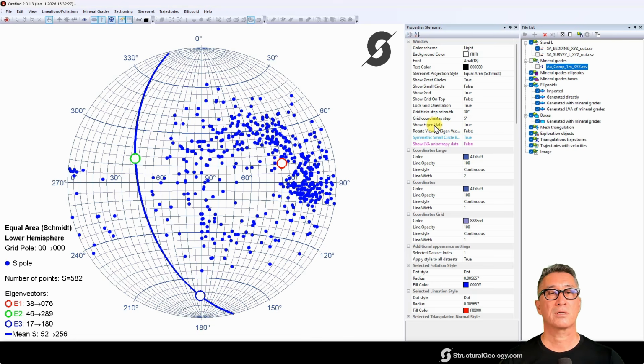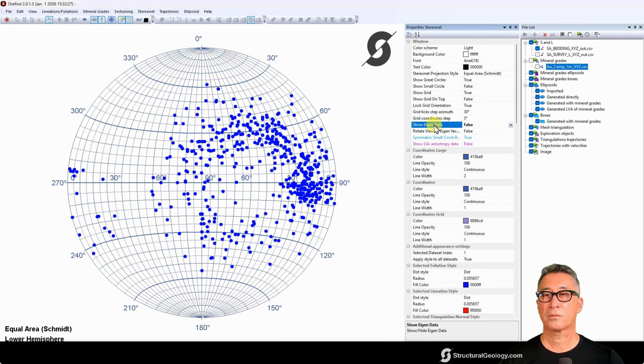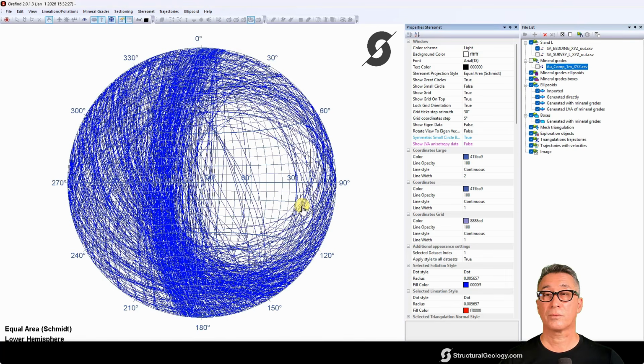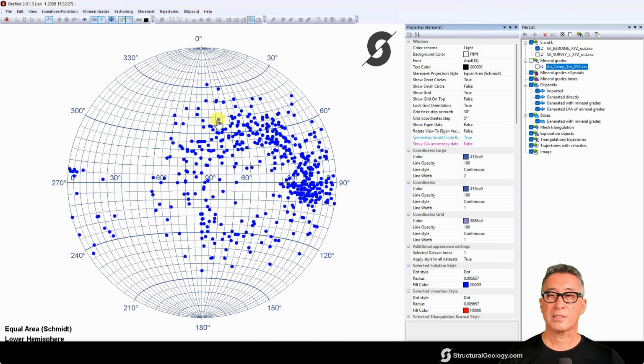I'll just turn this eigendata off, and I'll turn on the grade circle. And if you turn the grade circles on, you can see that most of them are dipping towards the west, which is correct. But you can see this sort of circular distribution here. So one has to wonder what is producing this, and most likely it's rotating about the core.